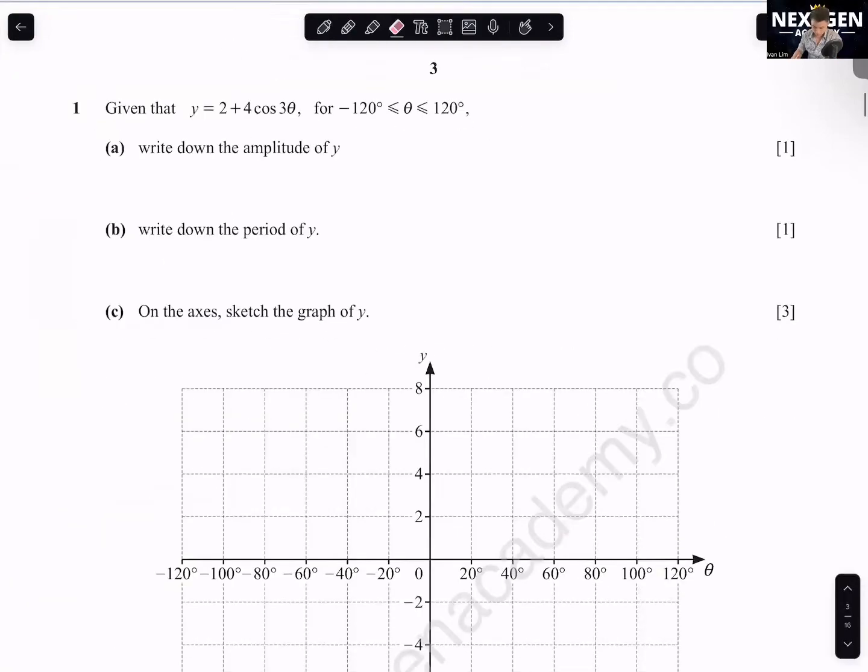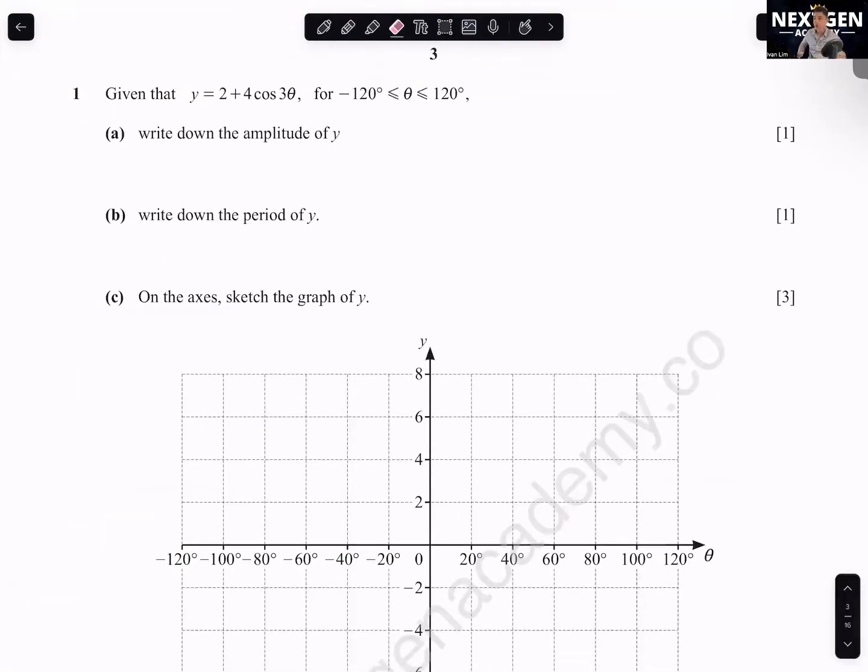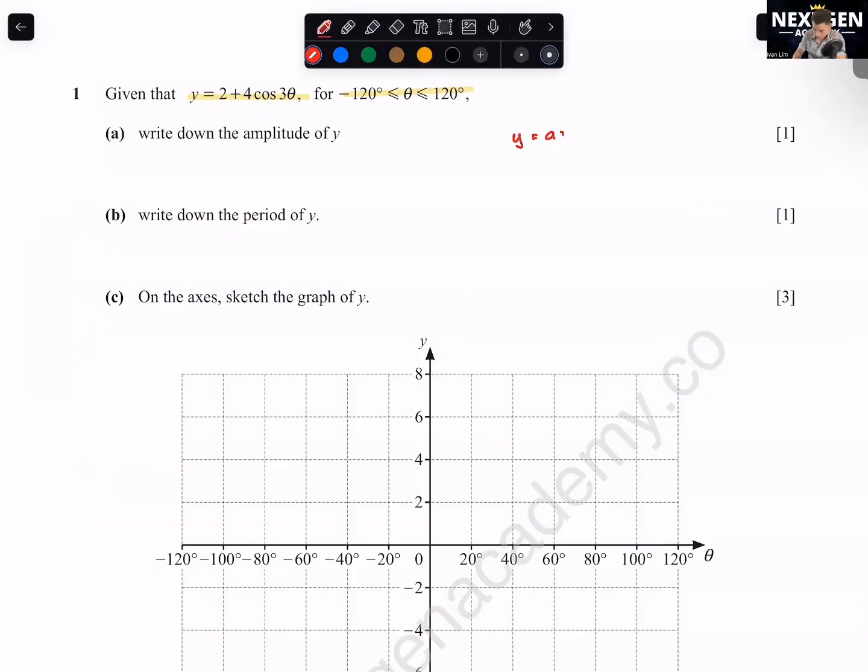Let's go to question 1. Question 1 is a trigo question. Given that y equals 2 plus 4 cos 3 theta for negative 120 to 120, write down the amplitude of y. We need to know based on the general form, y equals a cos bx plus c.